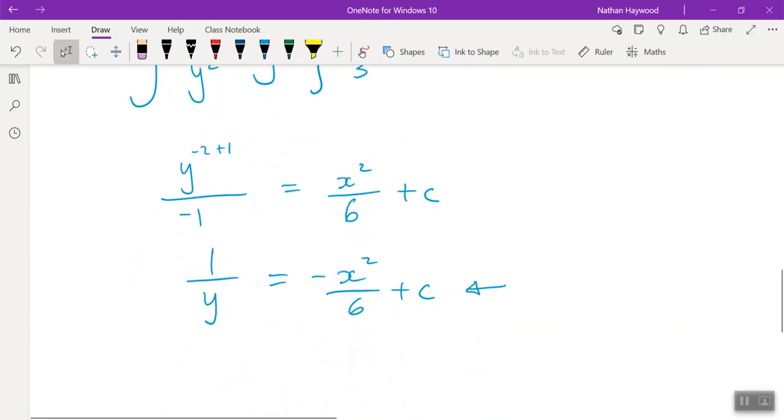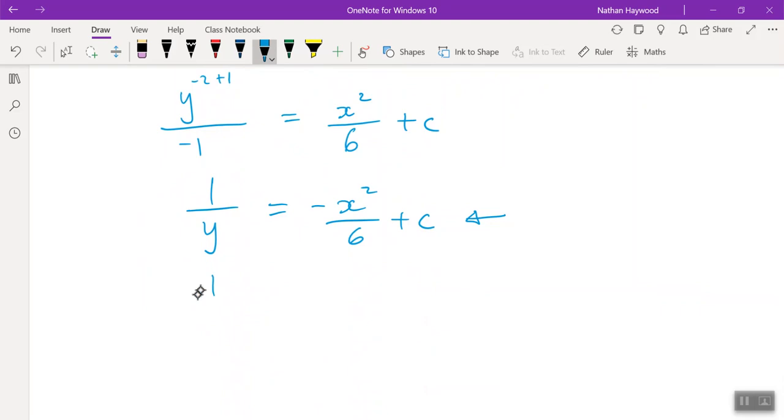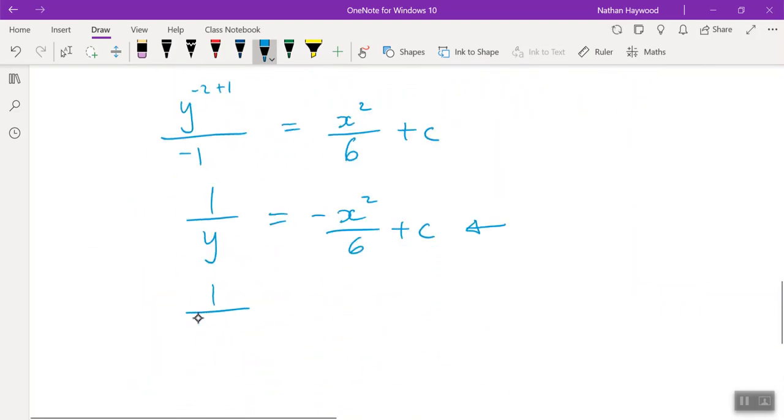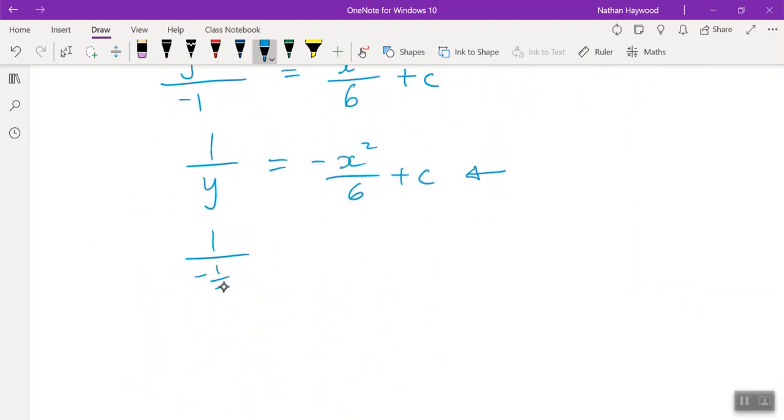So right now we can sub in 1 over, is it negative? Yeah, negative a half. So that gives us C is equal to negative 2.